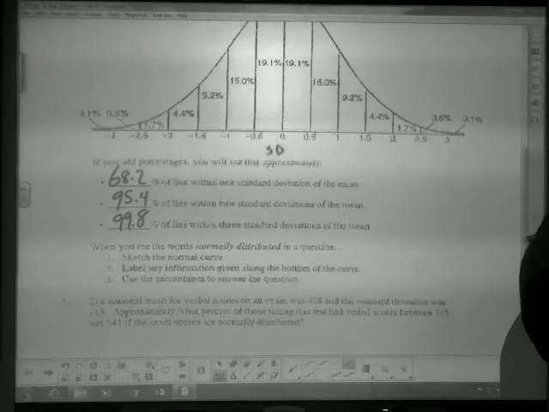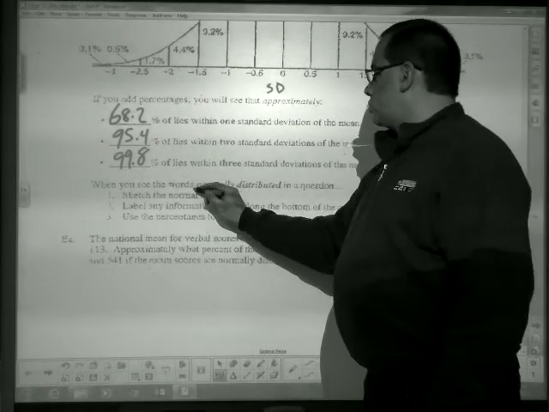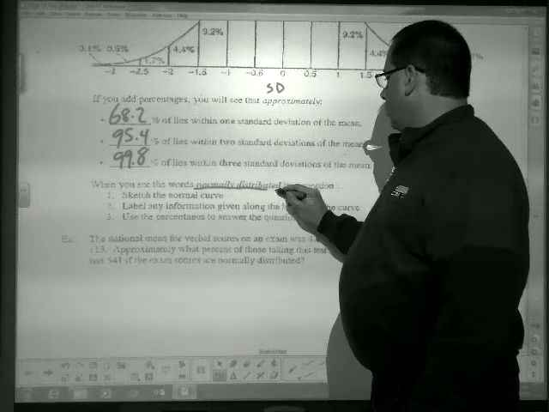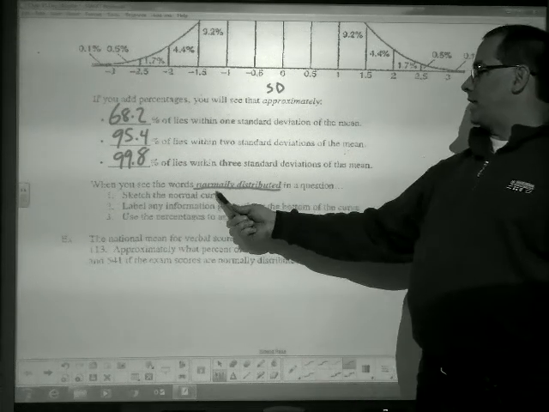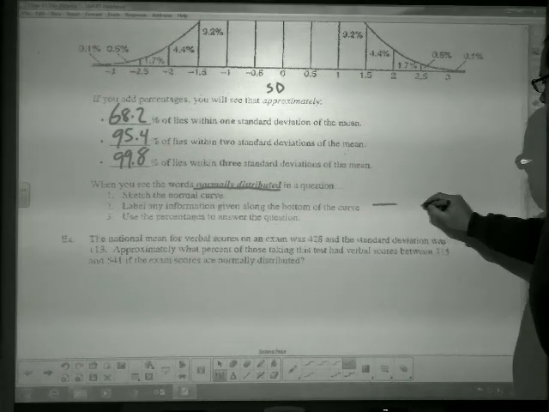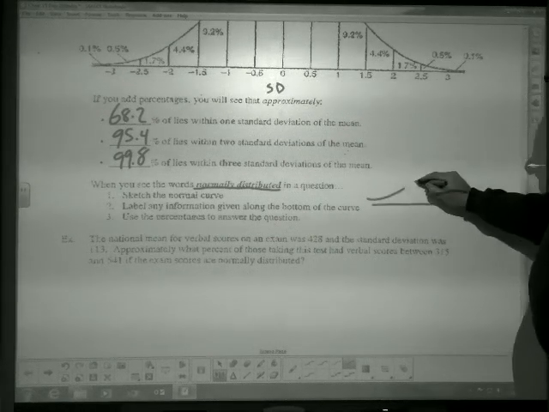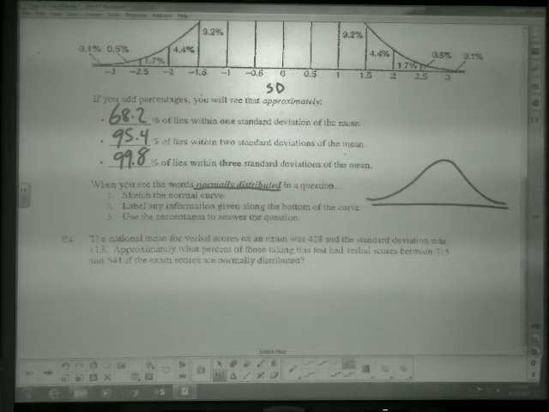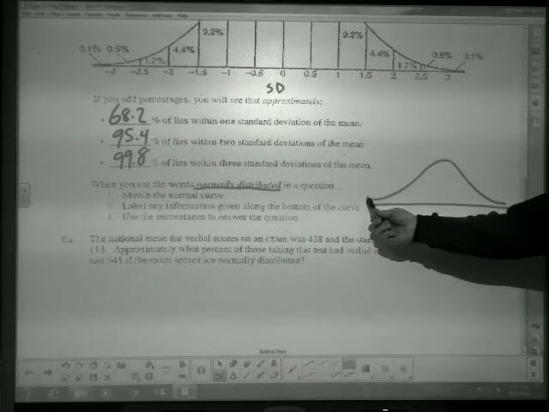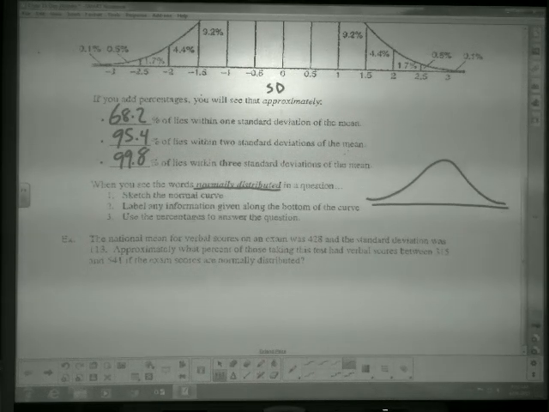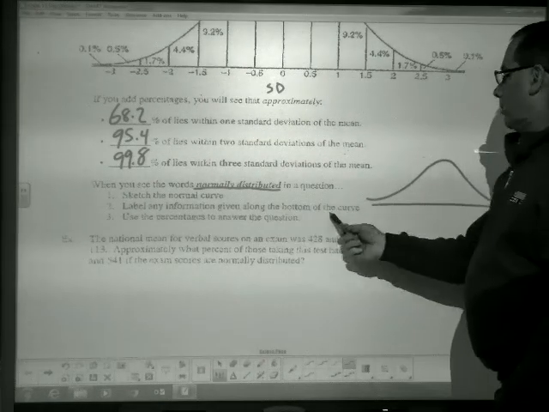So, when you see the words normally distributed, sketch the normal curve. You're just going to make a line, and then you're going to go a curve up, a curve down. It's not going to be perfect, but here you go. Sketch a normal curve. Label any information along the bottom of the curve.